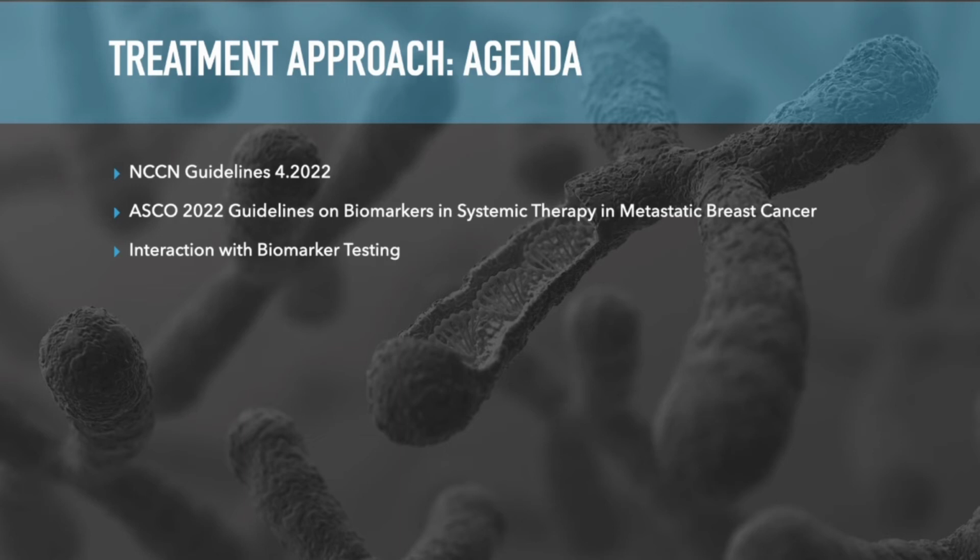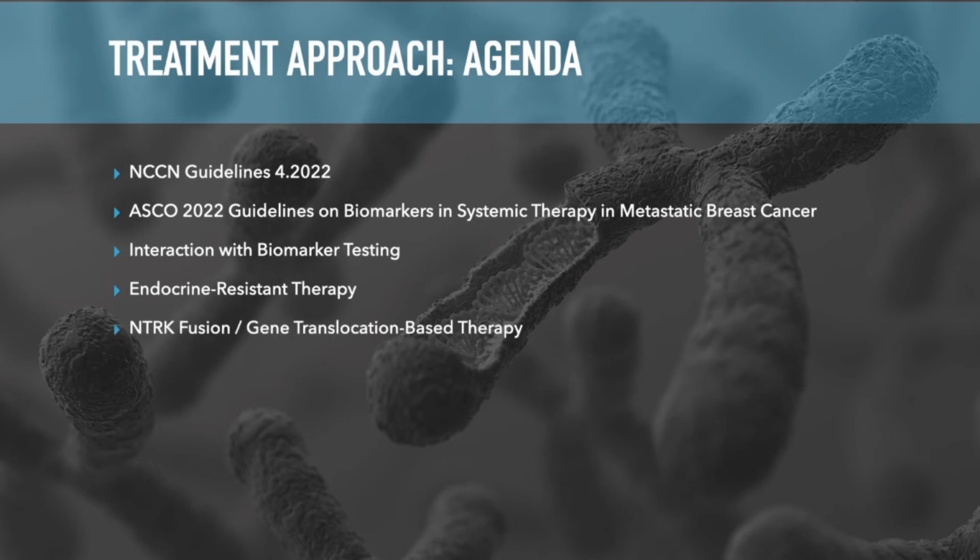We'll talk a little bit about the interaction between biomarkers and biomarker testing by IHC, endocrine resistant therapy, which is a growing field, and we're knowing more and more about it as time progresses. We'll mention something about NTRK fusion, and then we'll discuss the triple negative and aggressive tumors with regard to PD-L1 testing, MMR, MSI testing, and also tumor mutation burden testing.